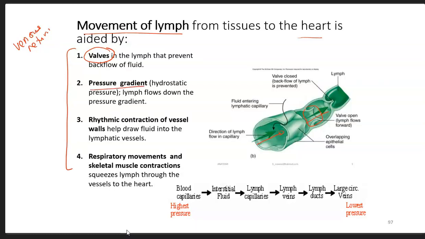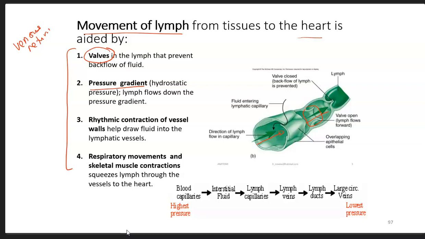Okay, pressure gradient, which is hydrostatic pressure. So the lymph flows down the pressure gradient. So kalau kita tengok kat sini, obviously the blood pressure is high. Itu yang menyebabkan terhasilnya interstitial fluid. So this interstitial fluid, you do not want it to accumulate in your body tissue.